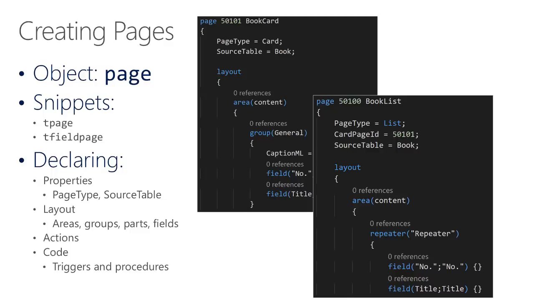You have an area called layout, which is the representation of the data, where you have areas and groups and parts and fields. Then you have actions, which go on the ribbon and action item menu. And then you have code, so triggers and procedures. Just like in C-side, what's available in C-side is also available in the AL object on a page object.